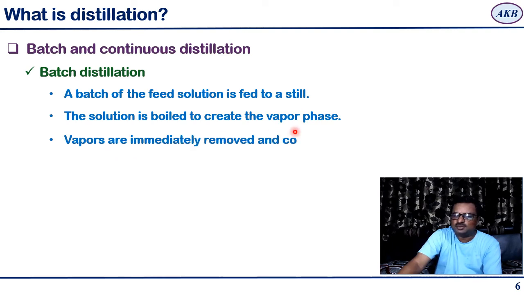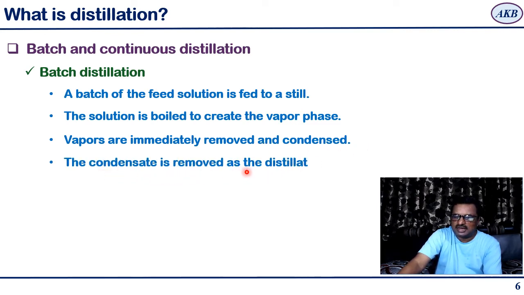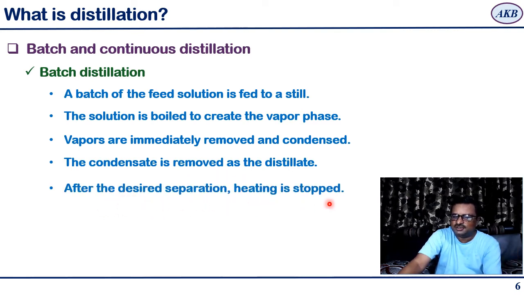As soon as vapors are formed, they are immediately removed and condensed. The condensate is removed as the distillate, as we have already understood. When the vapor phase is condensed, you get a liquid solution, and that solution is the distillate. So the condensate is removed as distillate. After the desired separation, heating is stopped.